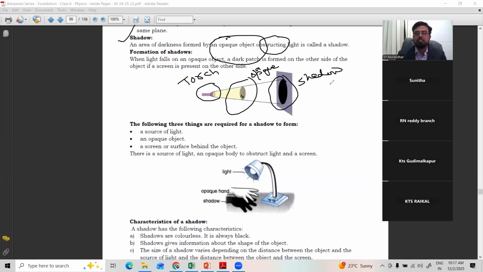So, whenever any opaque object obstructs the light or comes in the path of the light, the image, the shadow of that particular object, forms on the backside in the form of darkness. Such an area of darkness is called shadow. Clear? That explains the formation of shadow.